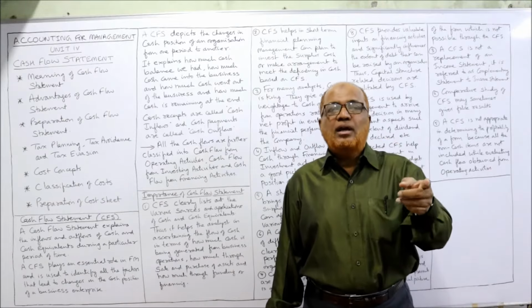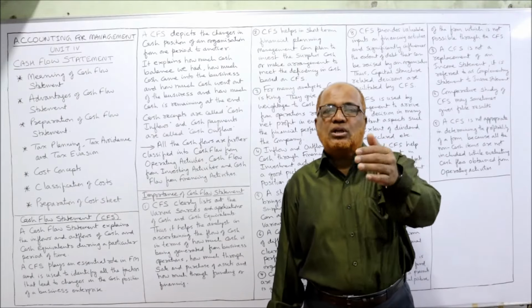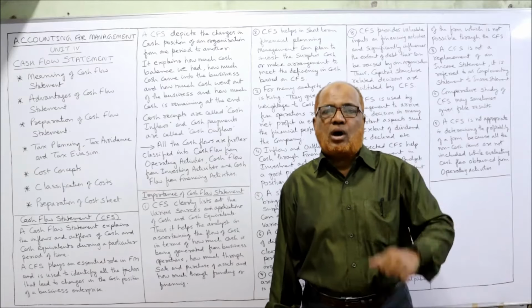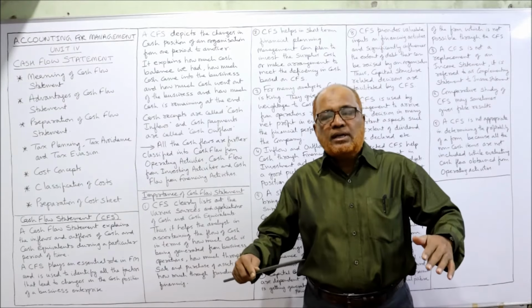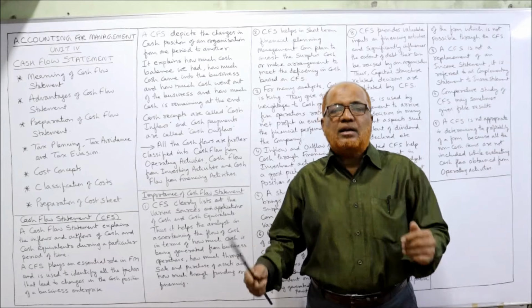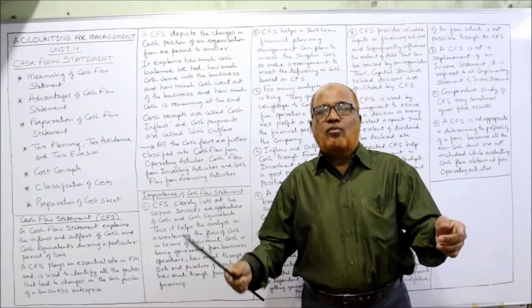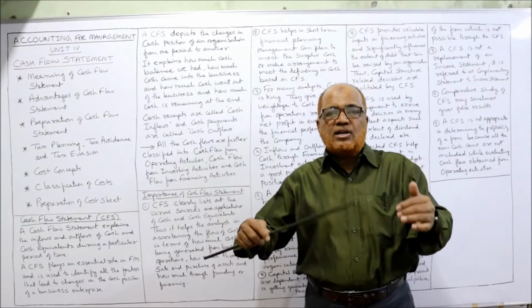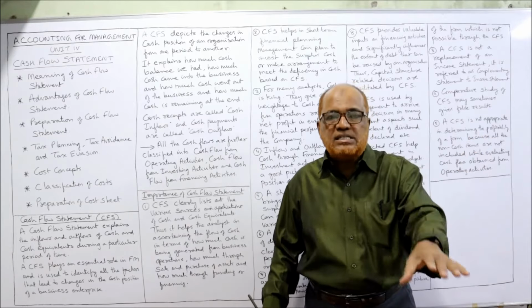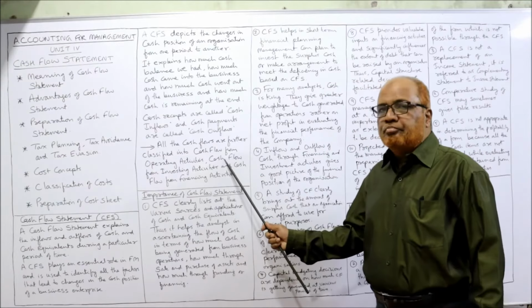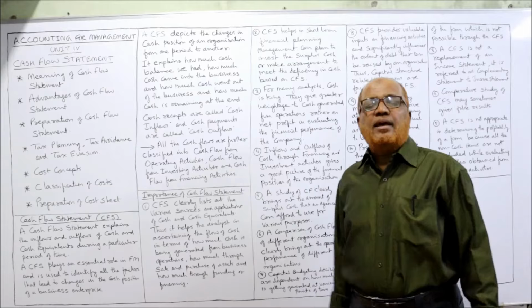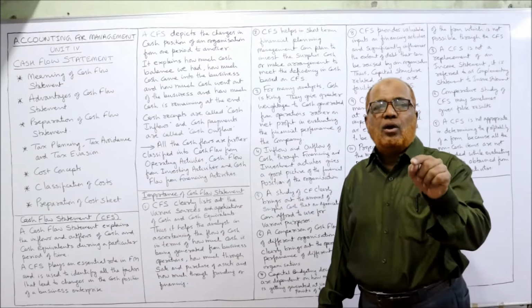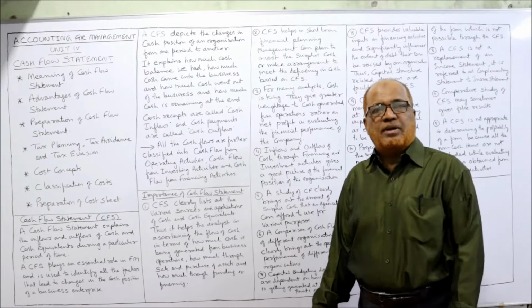Cash flow includes both cash inflows as well as cash outflows. So we have to show the cash inflow and outflow from operating activity, cash inflow and cash outflow in investing activity, cash inflow and cash outflow in financing activity. So this is the complete explanation about the meaning of the term cash flow statement.